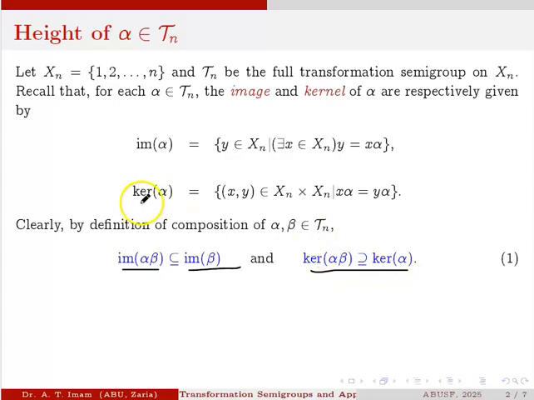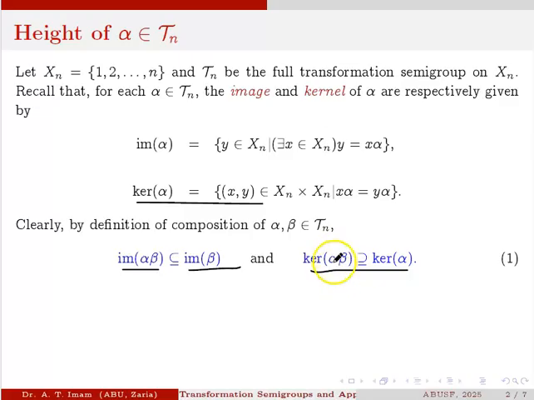But you can have two points that were not related under the kernel of alpha, but because they are related under the kernel of beta, eventually in the resulting composite they will be related, meaning having the same image under the product. And so the kernel of the product contains the kernel of alpha, that is, the kernel of the first factor.